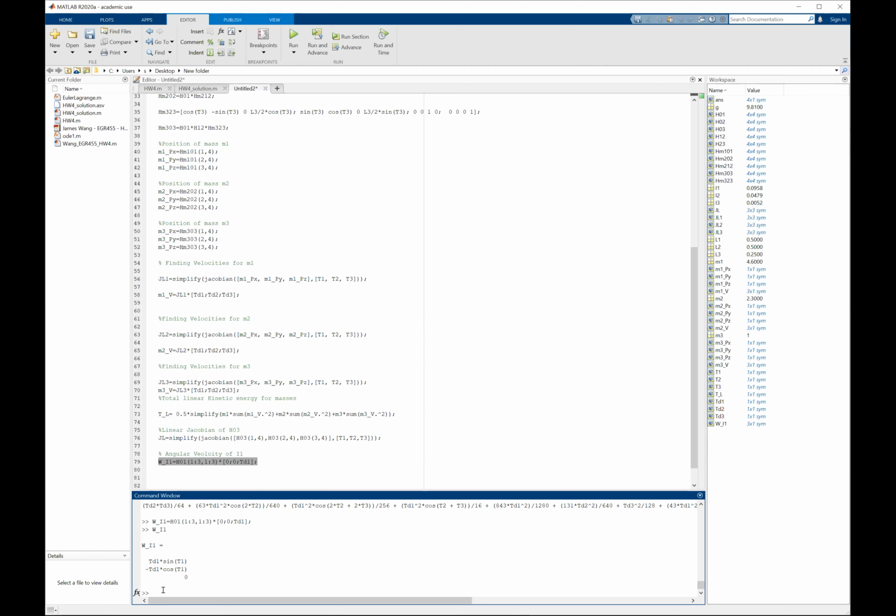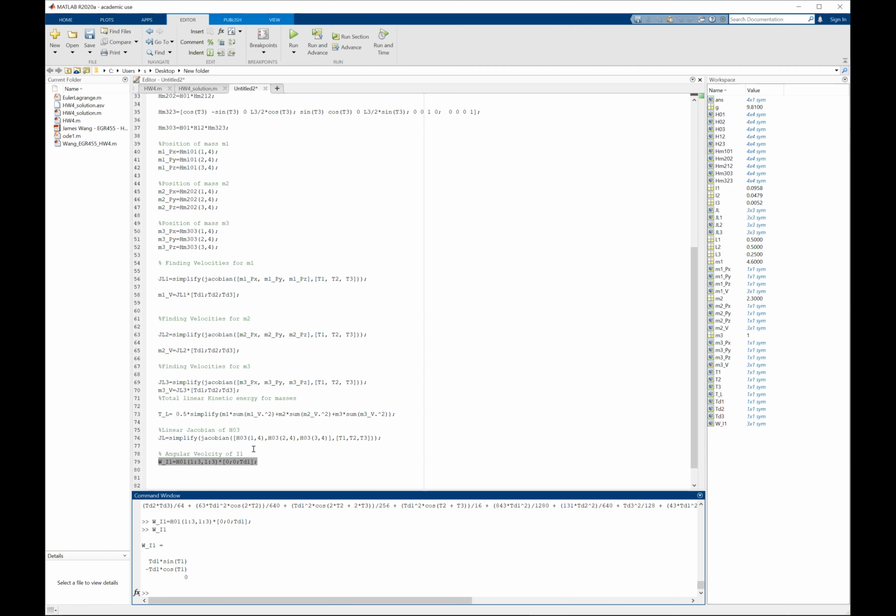So the first link will have angular velocity in the x direction, it will have angular velocity in the y direction, and it will have angular velocity in the z direction. So that is going to be for the first one.